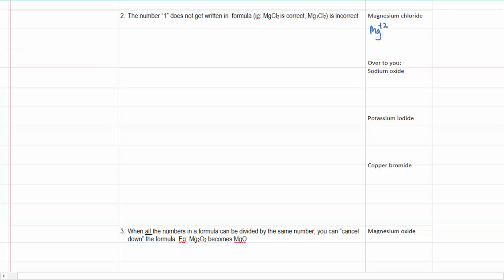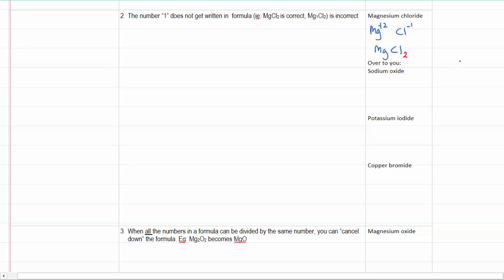So when we write down this formula, the 2 from magnesium comes over here. The 1 from chlorine should go with magnesium, but because it's a 1, we don't actually write it down. So the formula is just MgCl2.